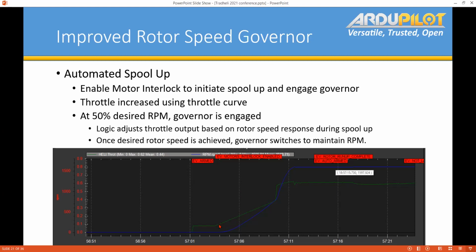What the logic does is it increases the throttle linearly along the throttle curve until it gets to 50% rotor RPM. Then it engages the rotor governor, which, like I said, monitors the rotor response and adjusts as necessary until it gets within 2 RPM of the desired rotor RPM, and then it goes into the governing phase to maintain RPM.